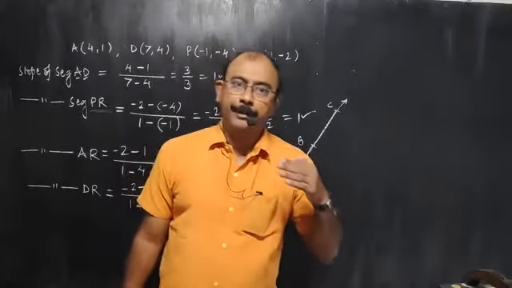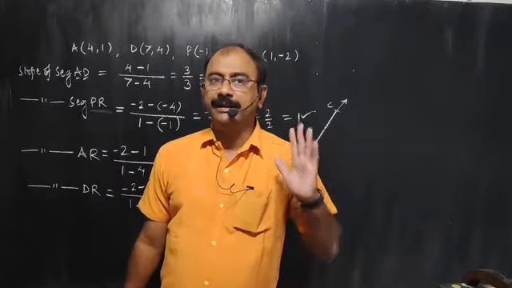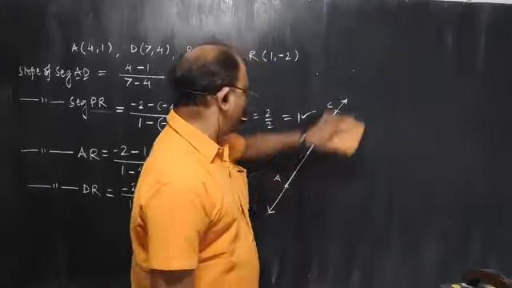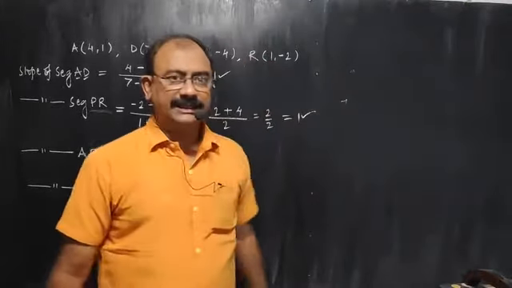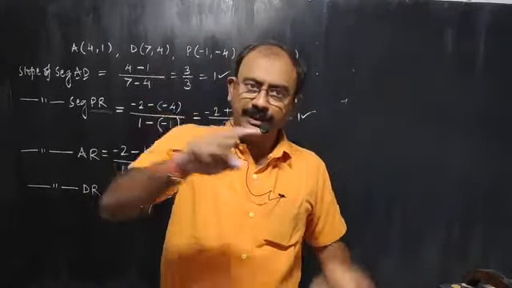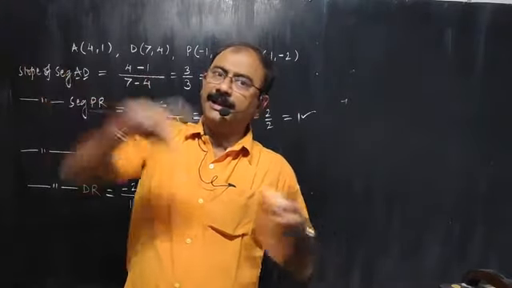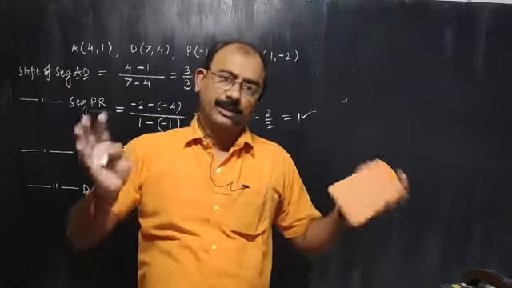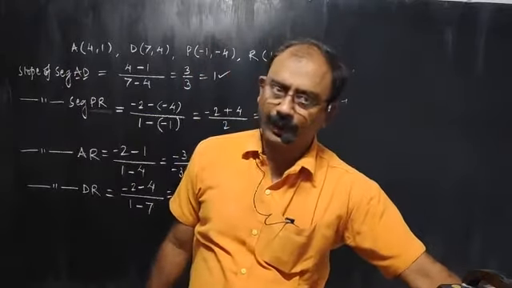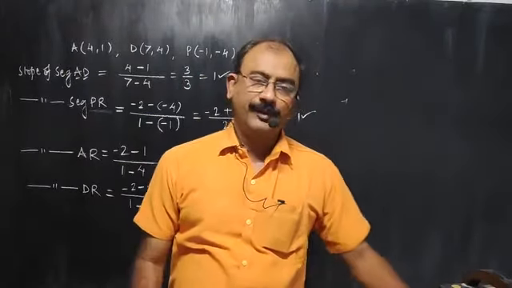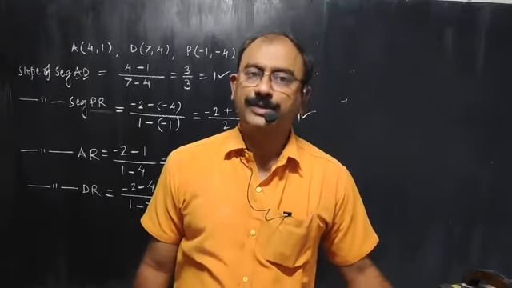Because there are problems like this in our textbook. So if at all the question is asked like this, then you have to calculate the slope of first segment, then the continuous segment. If their slopes are equal, you will say that points are collinear. If they are not equal, not collinear. We will use this information to solve the examples.